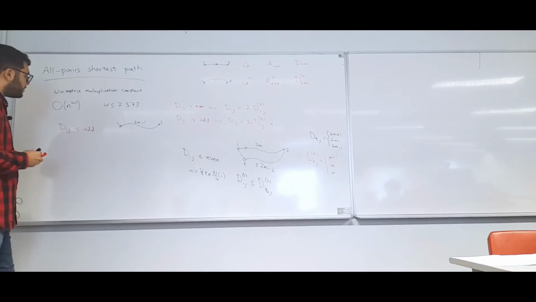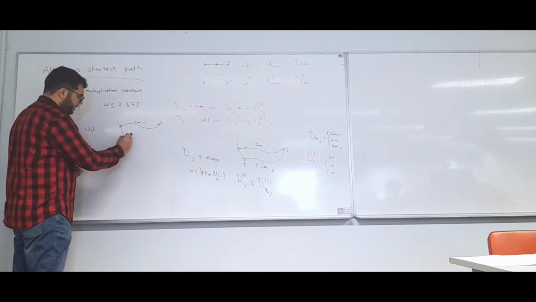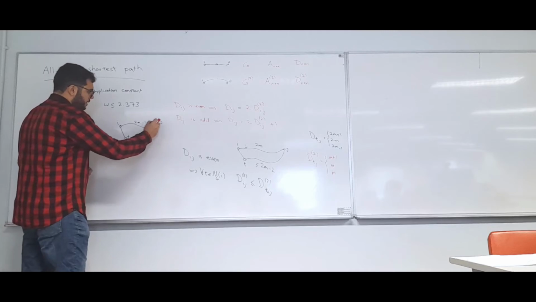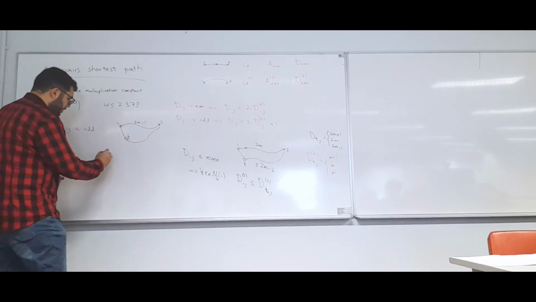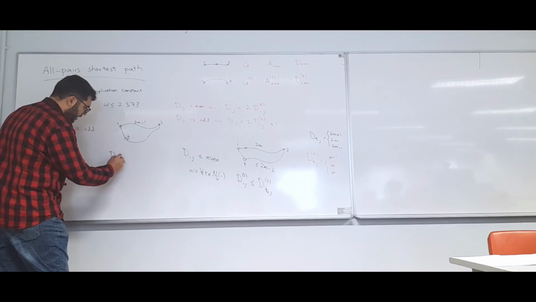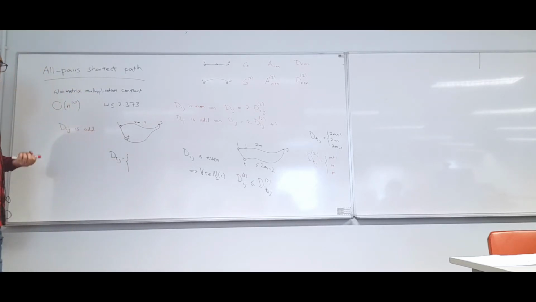Again, look at the neighbors of I. So let's say I have a vertex t here, and t goes to j. So what are the possible values for the distance from t to j? Again, I can do the exact same argument as before.